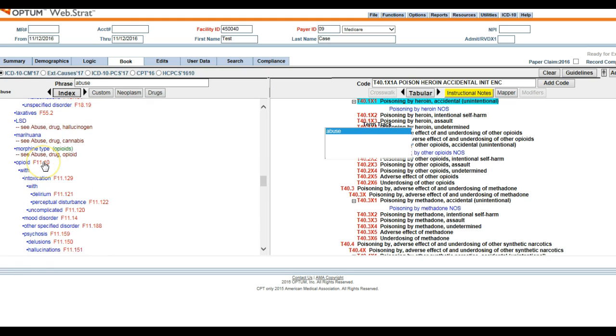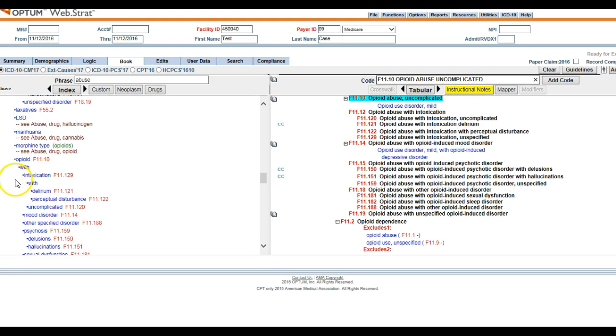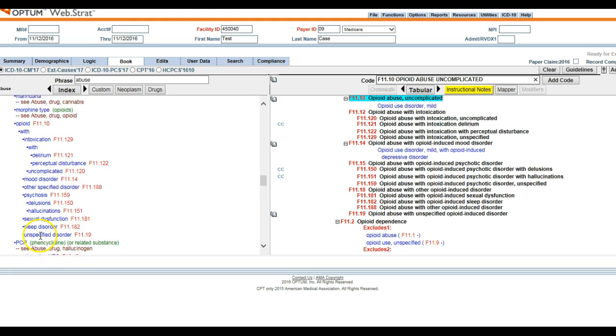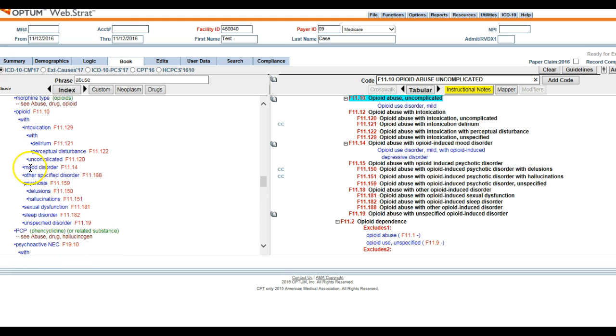There it is, opioid. Opioid abuse uncomplicated. Well, it's not uncomplicated because the patient died.